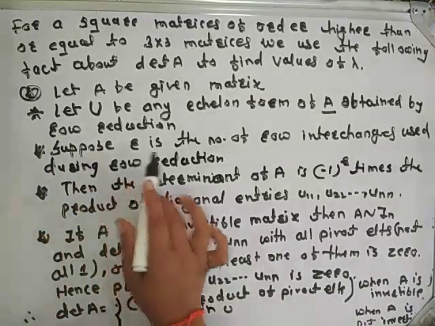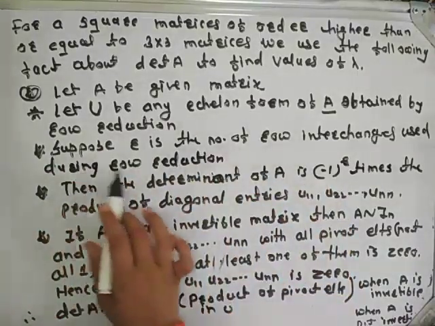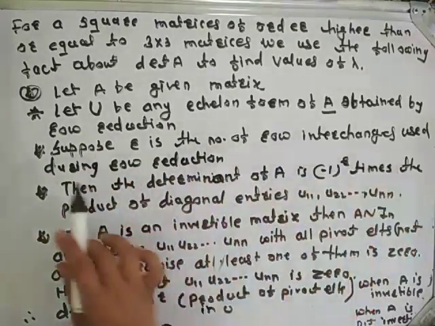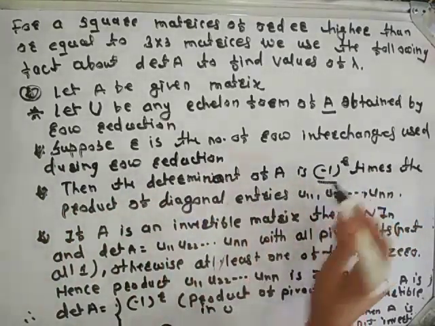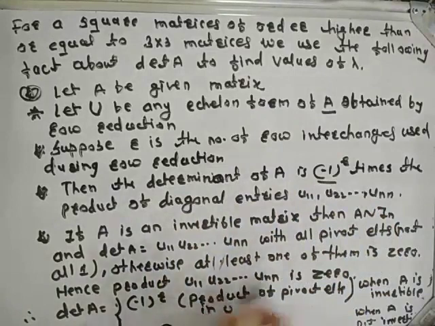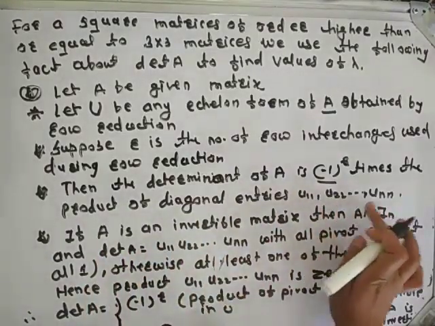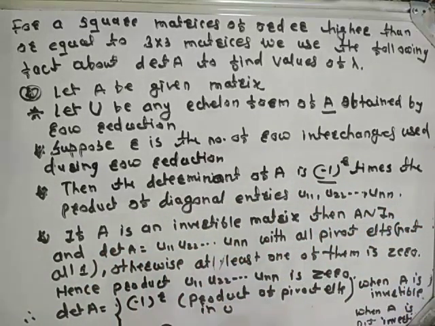Next step: suppose R is the number of row interchanges used during row reduction. Then the determinant of A is (-1)^R times the product of diagonal entries u11, u22 and so on up to unn.